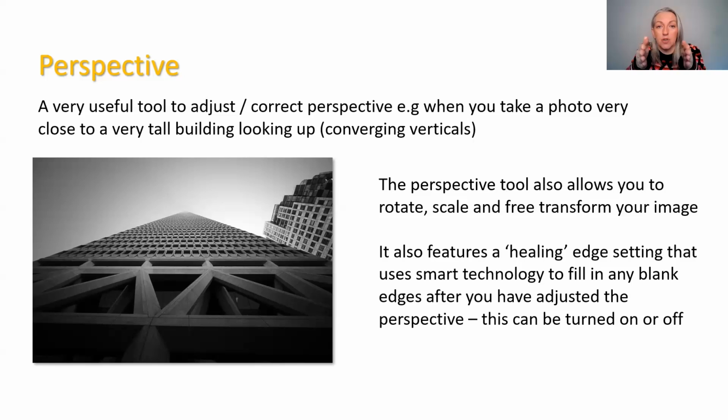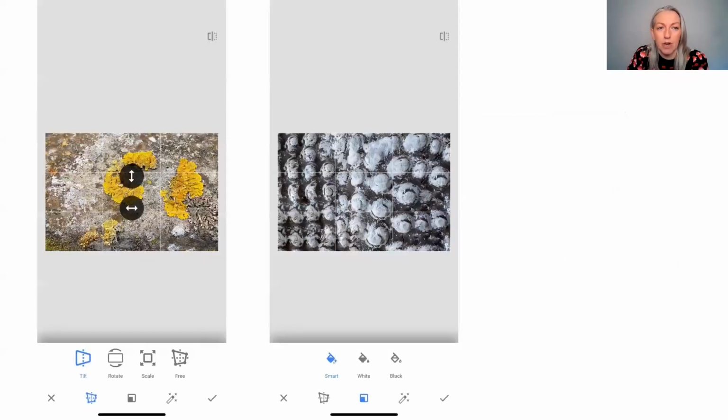It basically tries to straighten them so that it goes up in a straight line as opposed to going off to a point. However, know that if you're doing that, it's going to crop the image somewhat. It's hard to explain without you seeing it. But it is a good way if I have taken a photo where you want to adjust the verticals, you can try it that way.